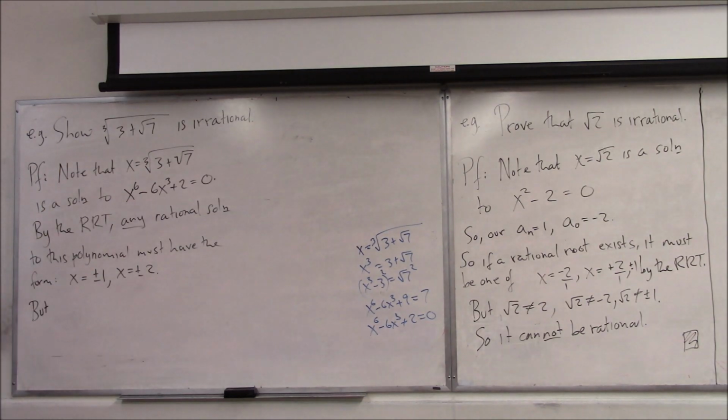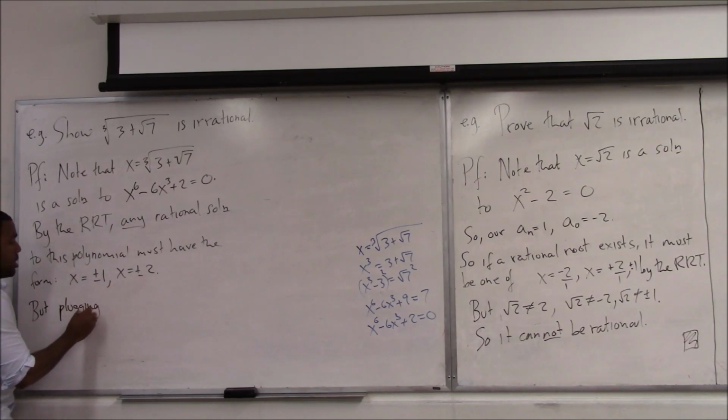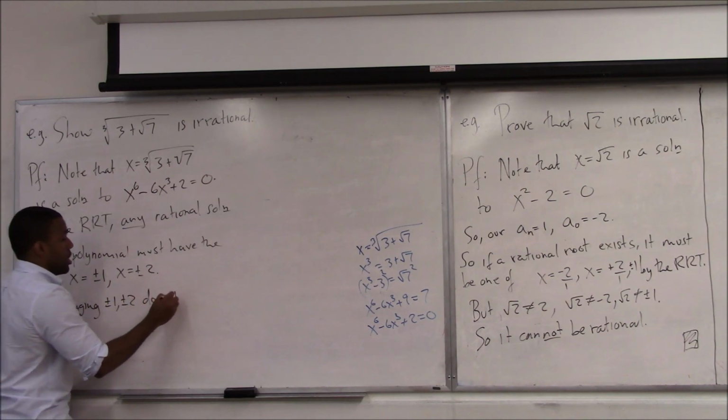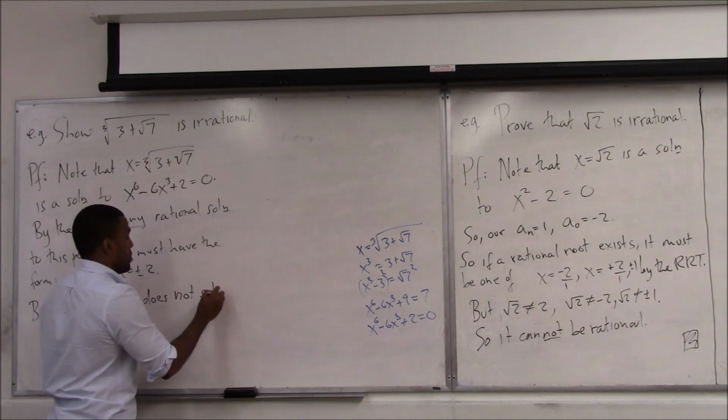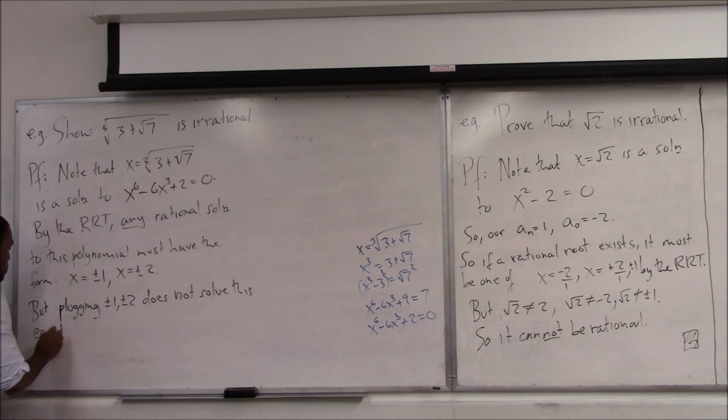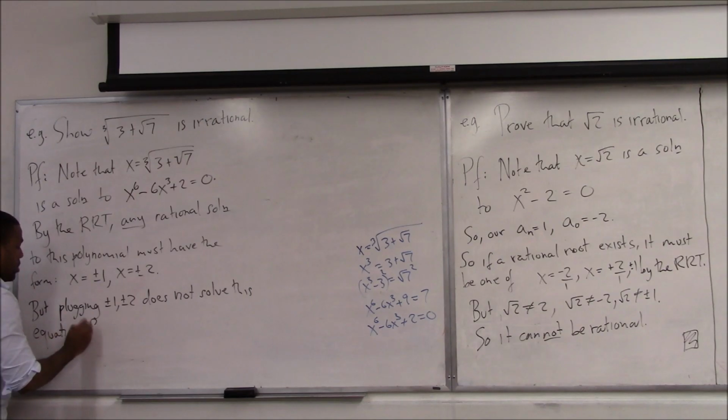So instead what you would do is you would actually check whether... Can we just plug it in? Plug in these ones, right? Now plugging in plus or minus 1, plus or minus 2 does not solve this equation.